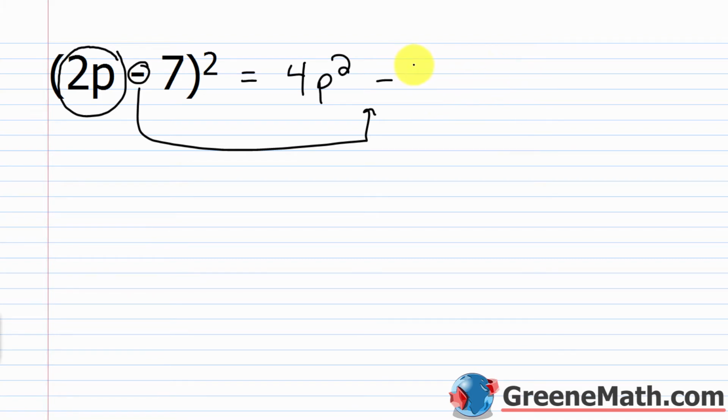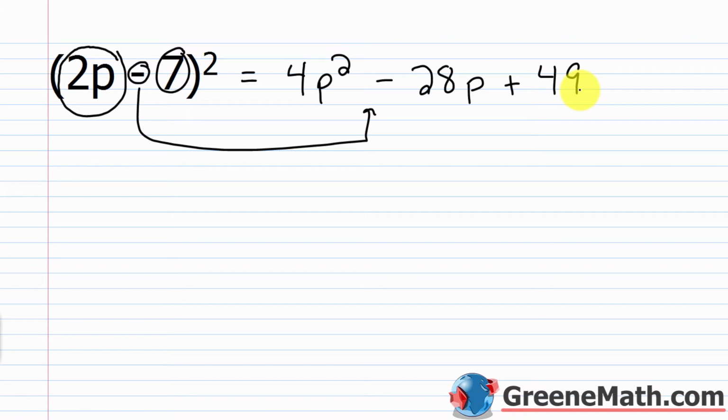So this would be minus 28p. And then lastly, I'm going to add whatever's in this position squared. 7 times 7 is 49. So I end up with 4p squared minus 28p plus 49.